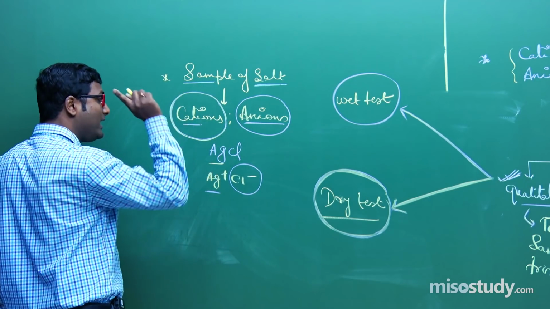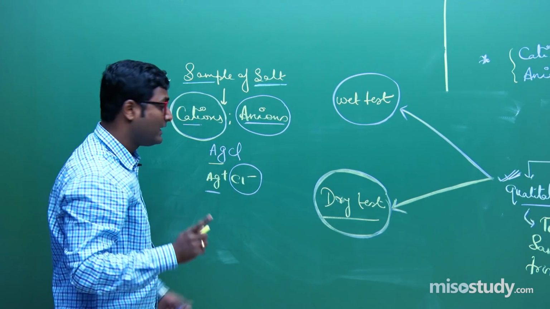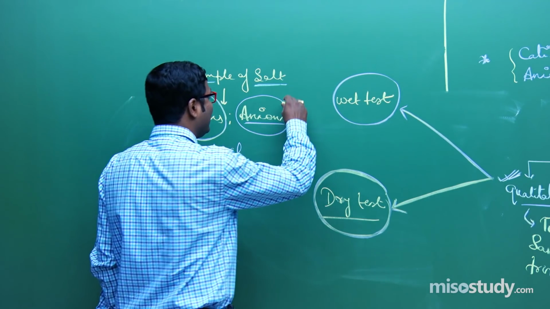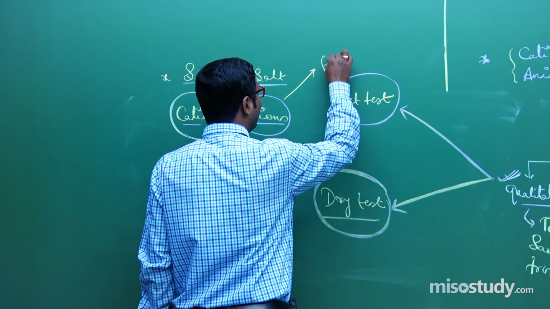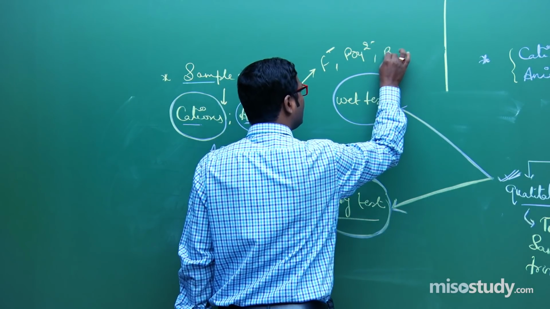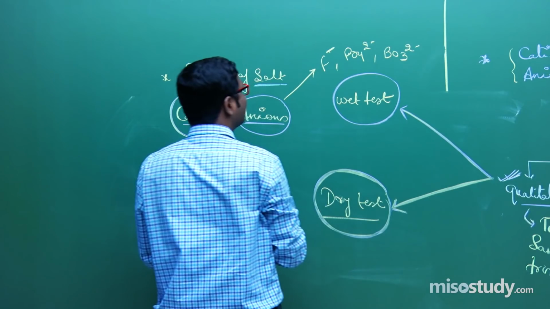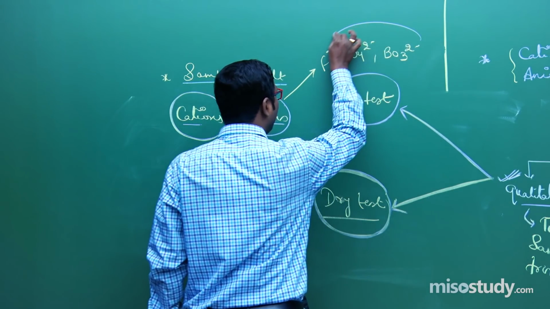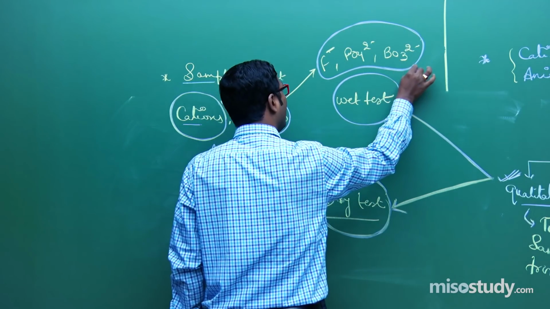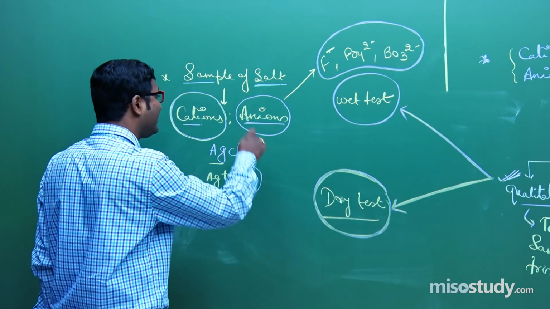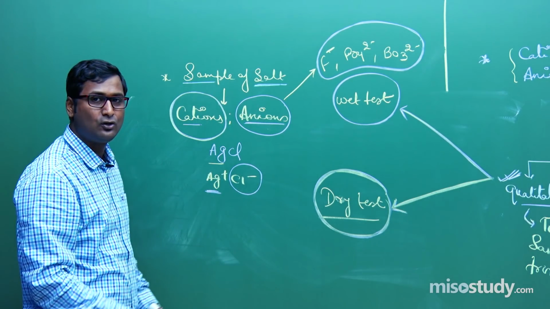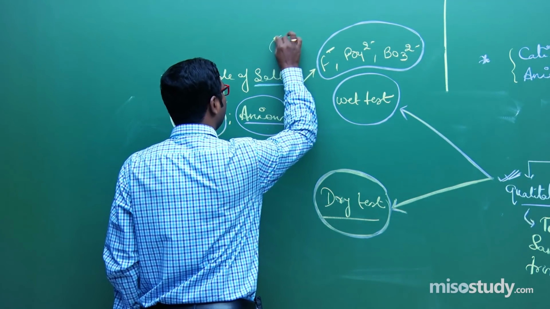We have to detect the anion first during salt analysis, because there are some anions, like fluoride ion, phosphate ion, borate ion, which interfere during the detection of cations. So it's better and convenient to detect the anion first, then move towards the cation. Clear to you what I am telling? Listen carefully.